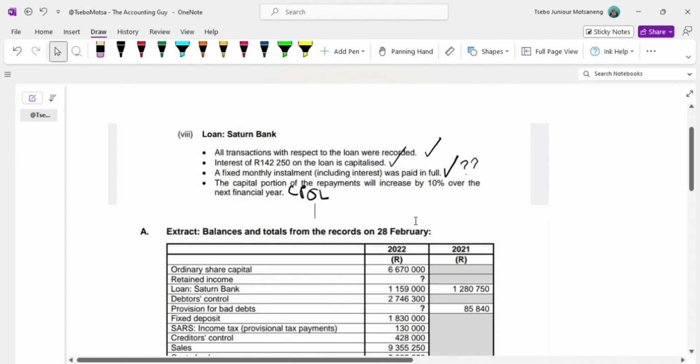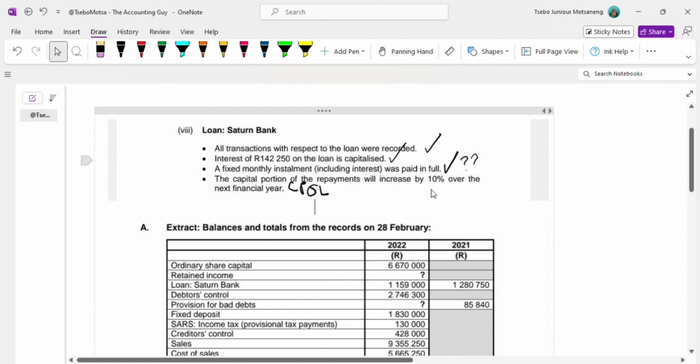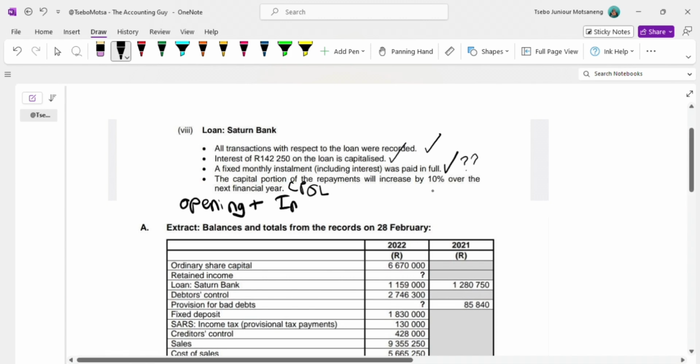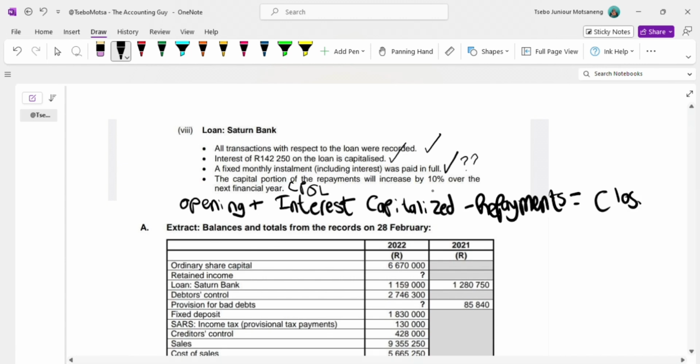Okay, so before I start, I want to deal with two formulae or two equations that you have to know for you to be able to do a loan. So the first one will be opening balance, and then you're going to add interest capitalized, and you're going to subtract repayments, and that will be equal to your closing balance.